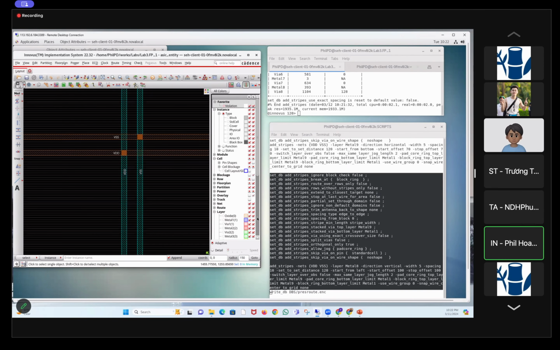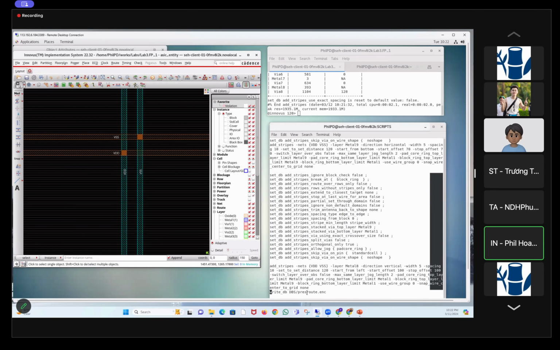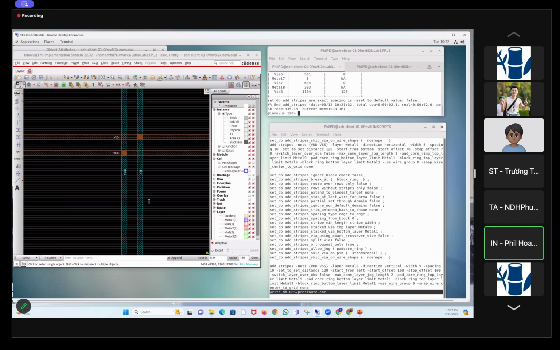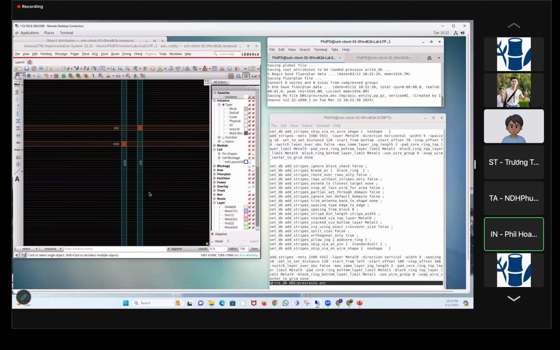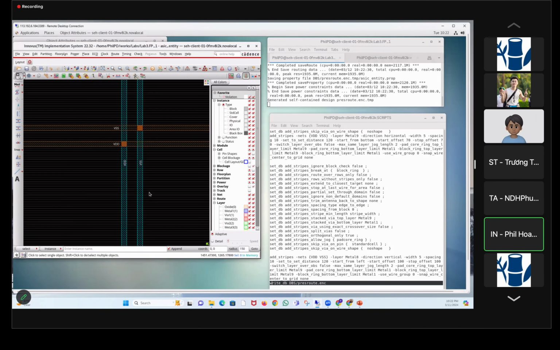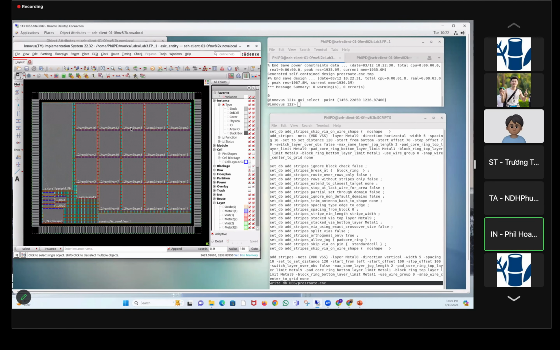Over here we don't see the standard cell yet. And then you write the DB. I don't know if this is needed or not, but that's the stripes or straps, right? Vertical, horizontal. You can see they build in pairs, right? So now in the standard cell area, you have this grid.